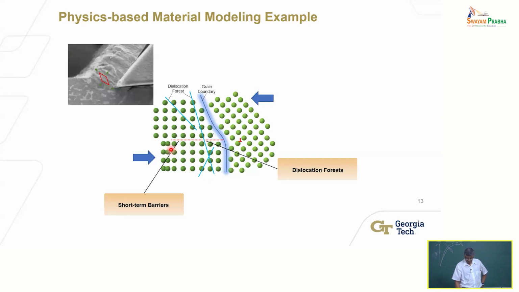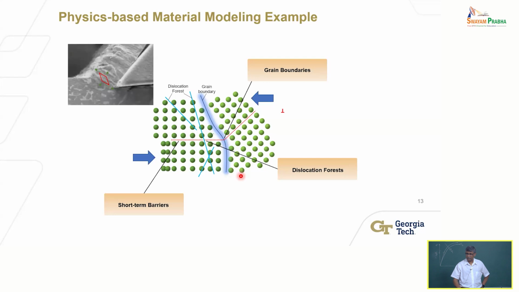So, within that other grain, it moves in a different direction because it has some preferred orientation along which slip will occur, depending on slip planes, depending on whether it's a BCC, FCC, HCP type of crystallographic structure. It will behave differently. So there are short-term barriers between atoms that it has to overcome. It has to overcome other dislocations like this.